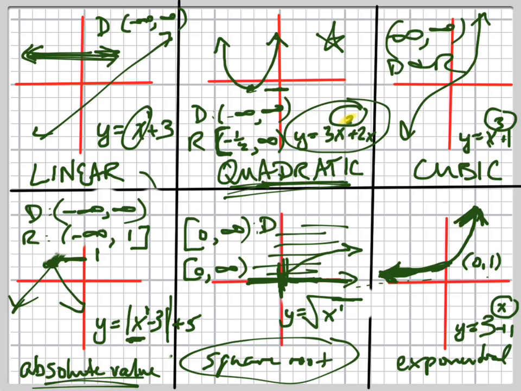And then for an exponential, the domain is all real numbers typically, so negative infinity to positive infinity, and the range is from 0 not inclusive, so it doesn't touch 0, so it's an open bracket all the way up to positive infinity. So there's a really quick breakdown of all your basic functions and the domains and ranges of them.